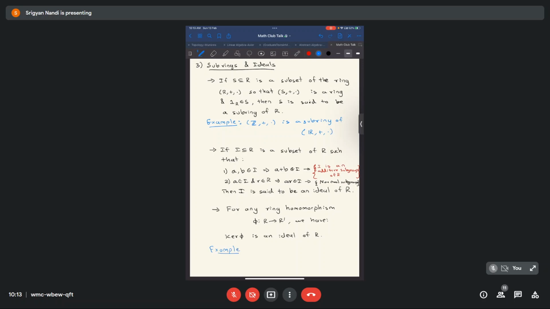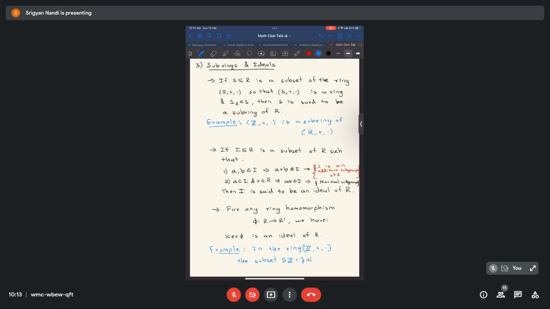So, to give another straightforward example of an ideal, we can consider the same ring, the ring of the integers, and the subset 5Z, which is basically all the integral multiples of 5.